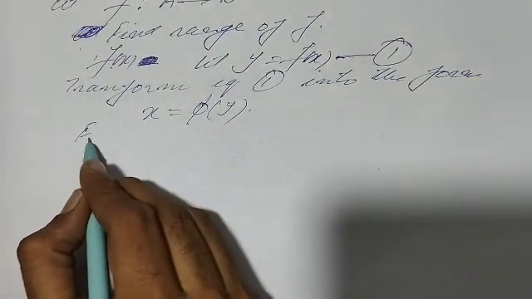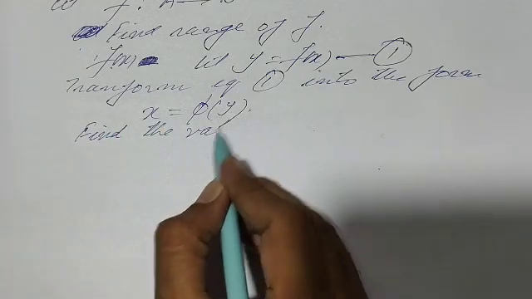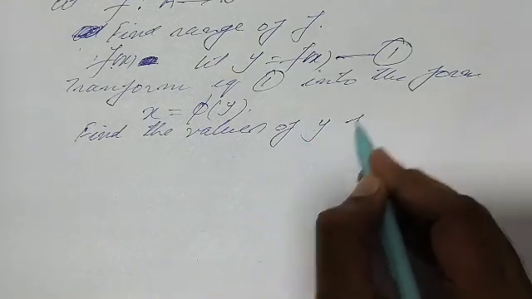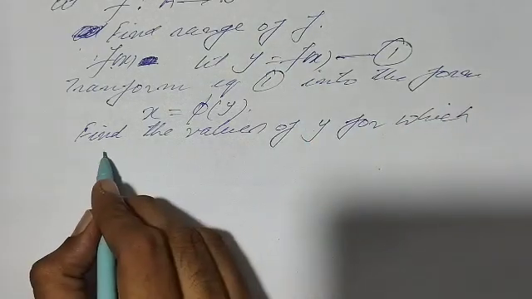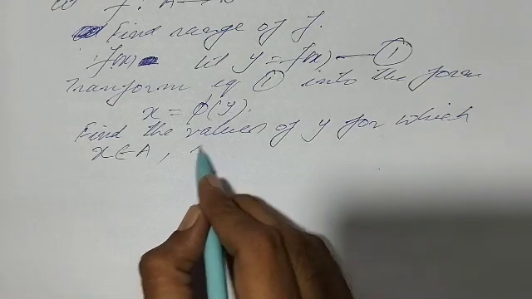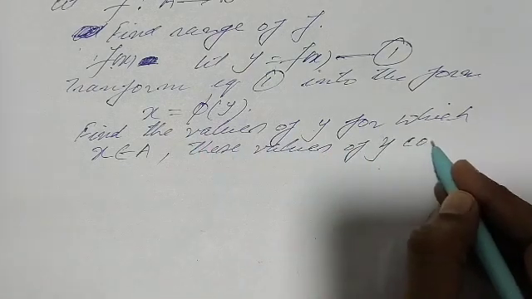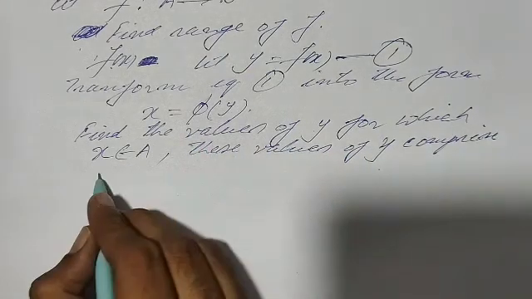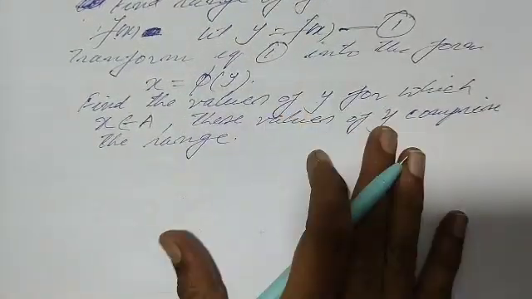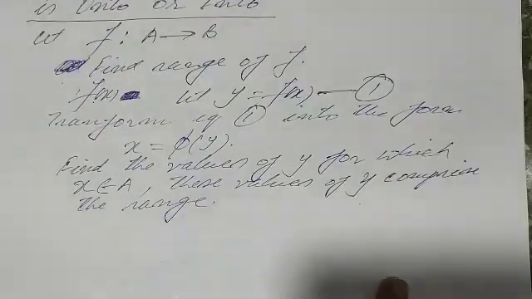Then we find those values of y for which x belongs to A. And these values of y comprise the range. Or in other words, we can say that the set of those values of y for which x belongs to A is the range.